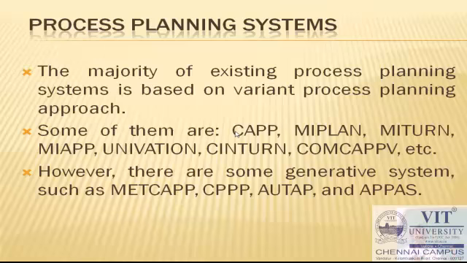Some companies or software providers provide CAPP software or process planning software for their products. These are standard applications available in the market, so if you want, you can use this software for your process planning development.